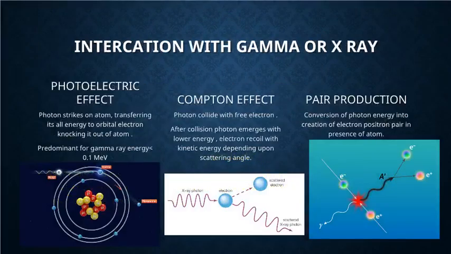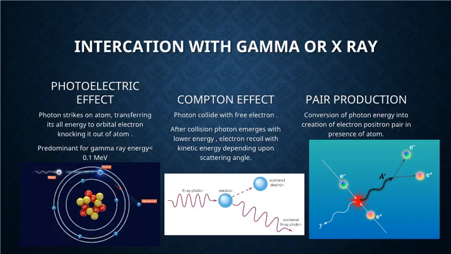Next we will take a look at how gamma rays or X-rays interact with matter. This is possible in three ways: photoelectric effect, Compton effect and pair production. All are familiar to us, so we will just skim through those points we already know. Consider radiation carrying packets of energy called photons, incident on matter.